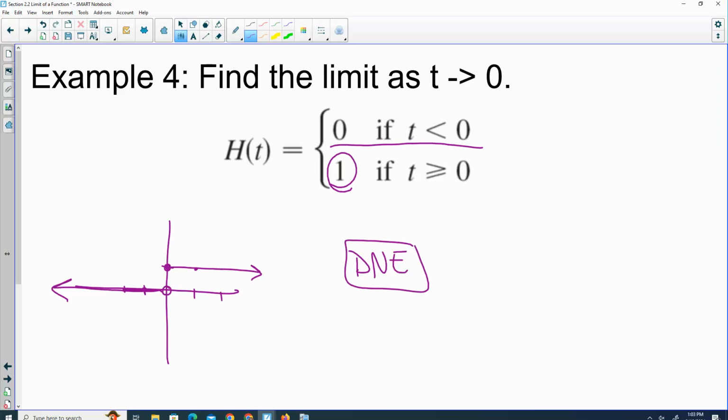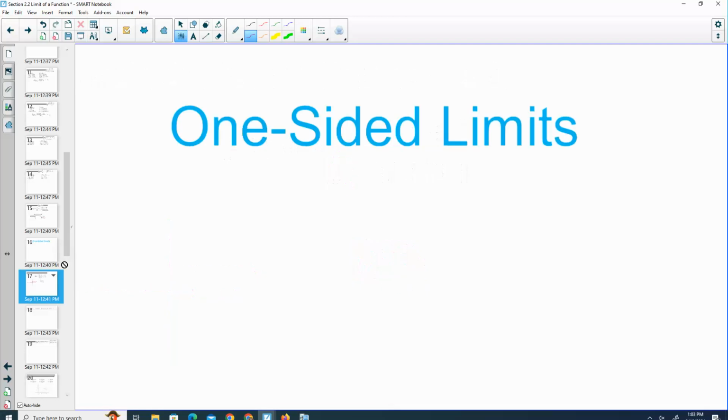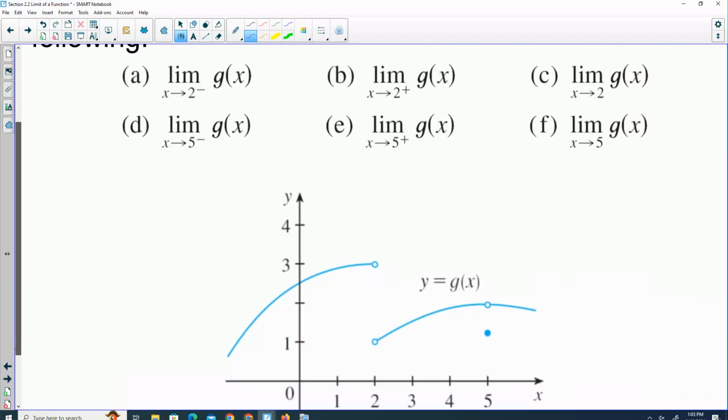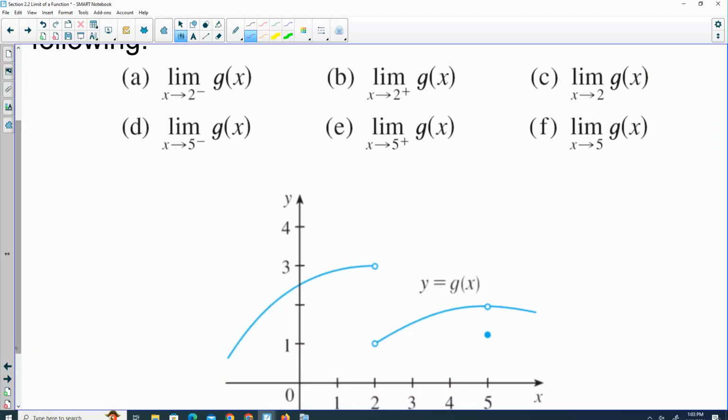All right, I want to jump ahead to the example with the graph, and that is our final one for today. Tomorrow we are going to talk about one-sided limits if we're only approaching one side at a time.